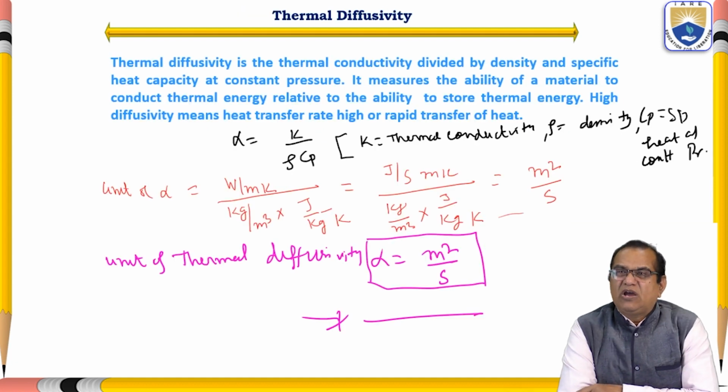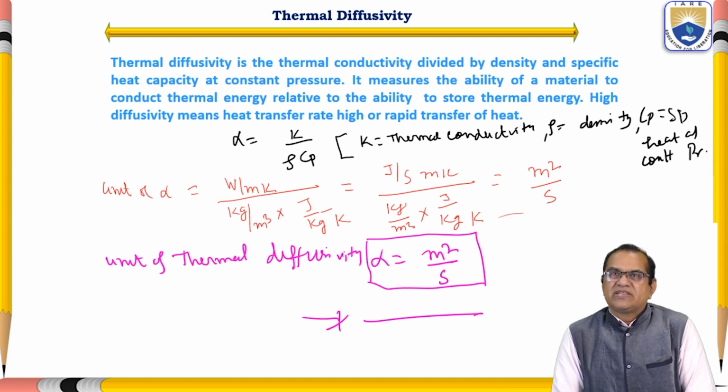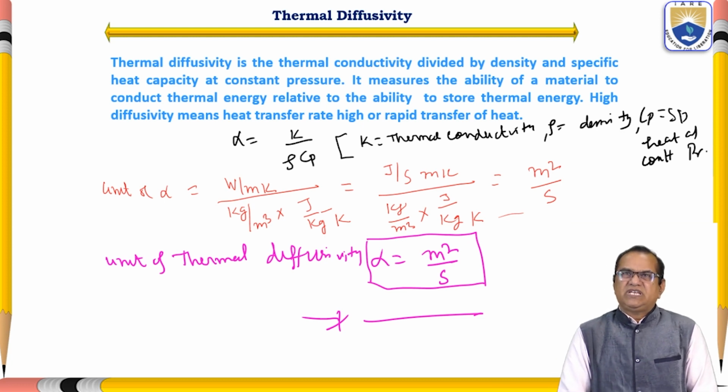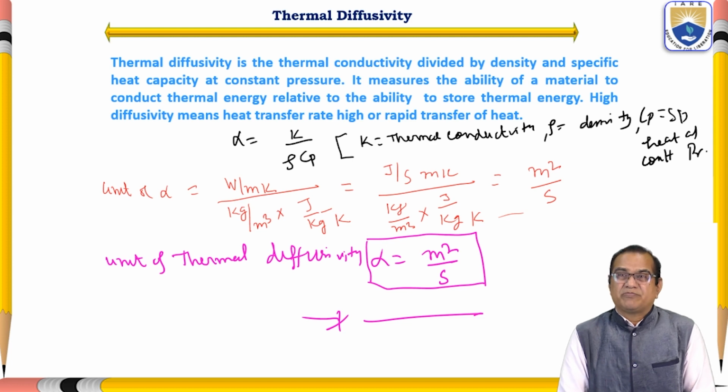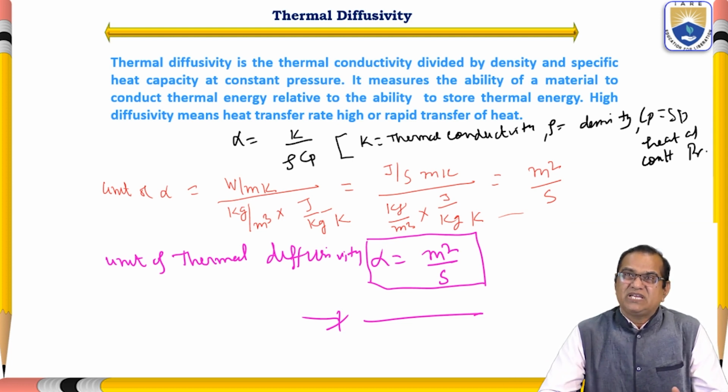Thermal diffusivity. Okay, we will discuss one more term, which is called alpha. It is very, very important. Thermal diffusivity is the thermal conductivity divided by the density and the specific heat capacity at constant pressure.